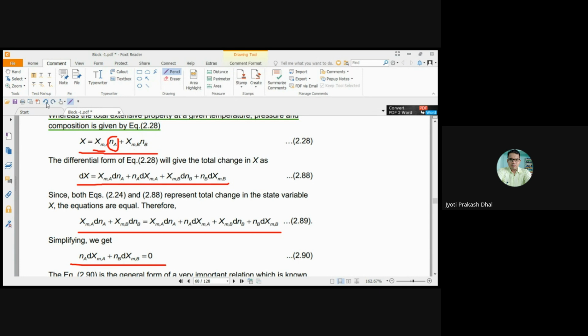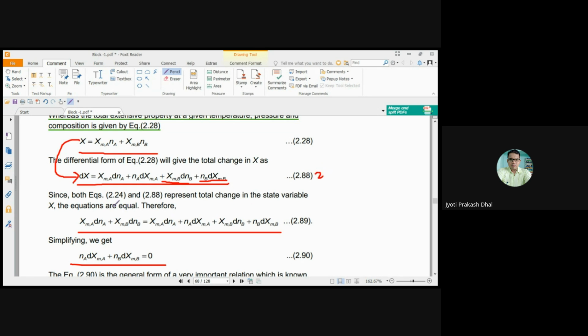Now if you take the differential of this equation, dX equals X_MA dnA plus nA dX_MA plus X_MB dnB plus nB dX_MB. So this will give rise to equation 2.88.